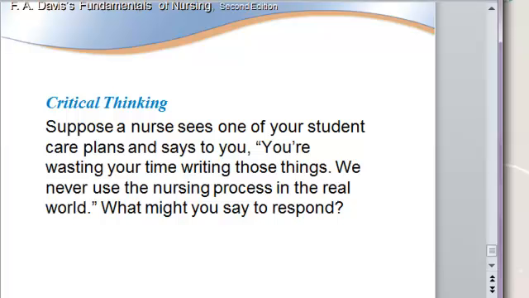So, critically thinking, I'm just going to leave you with this thought. Suppose a nurse sees one of your student care plans and says to you, you're wasting your time writing those things. We never use the nursing process in the real world.